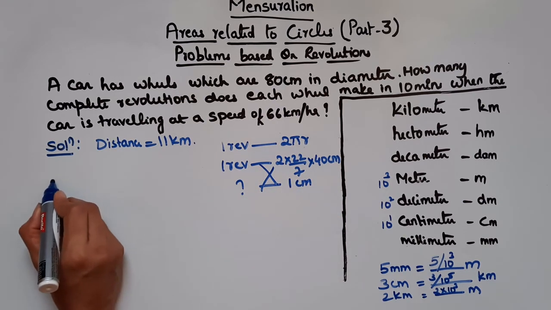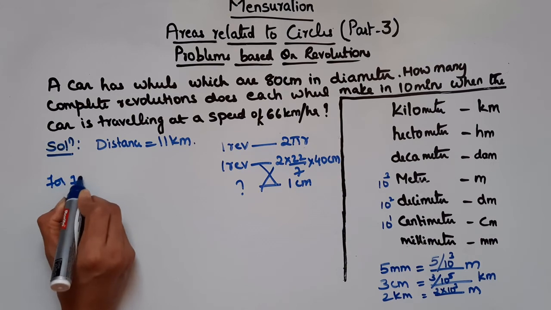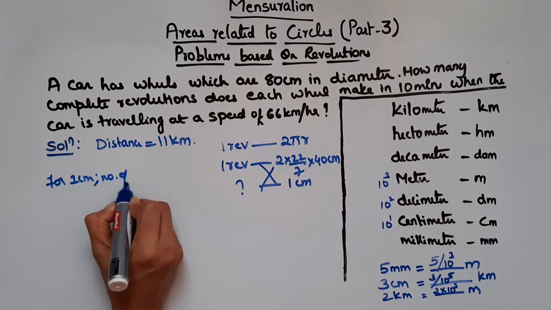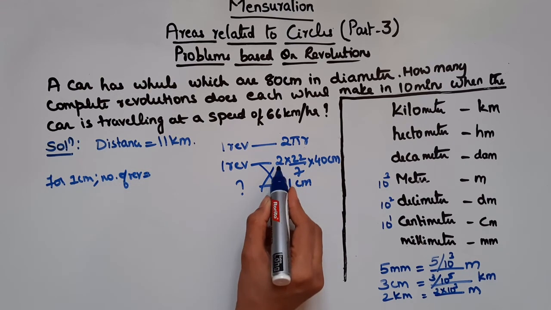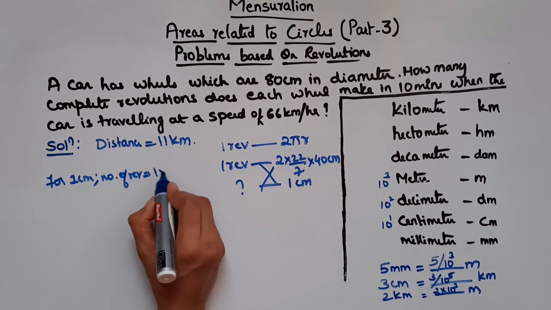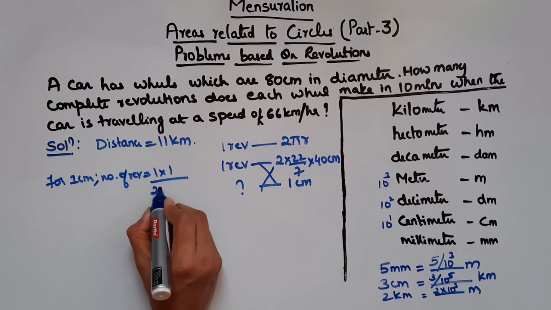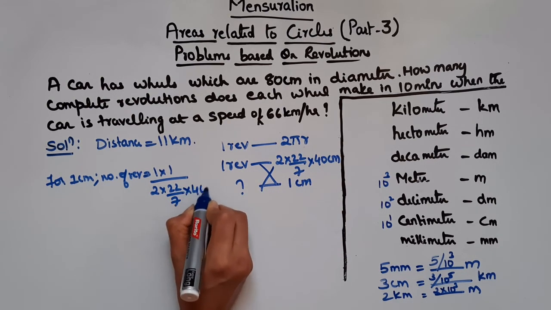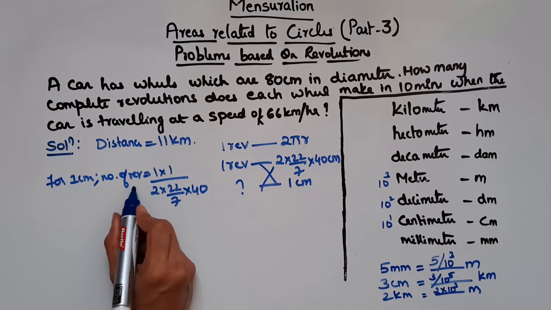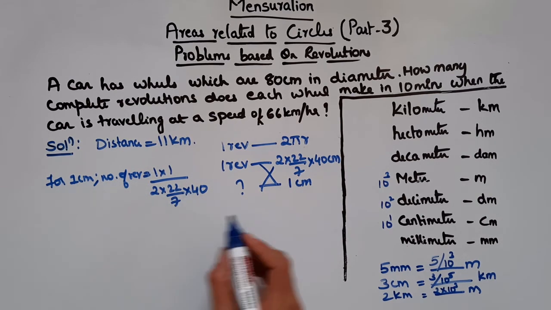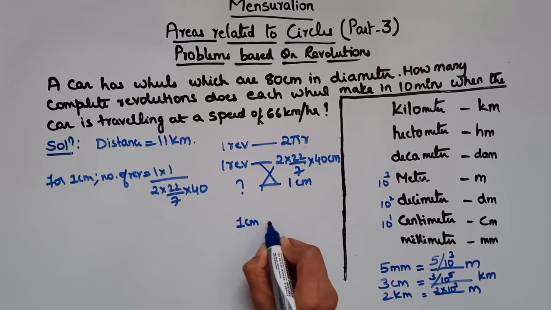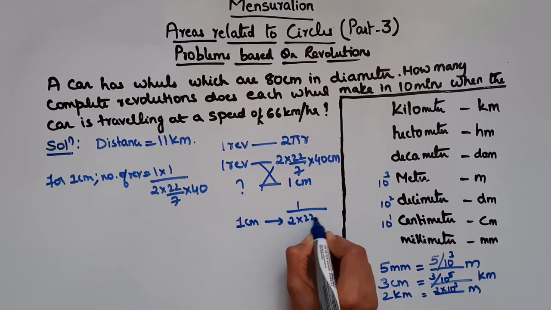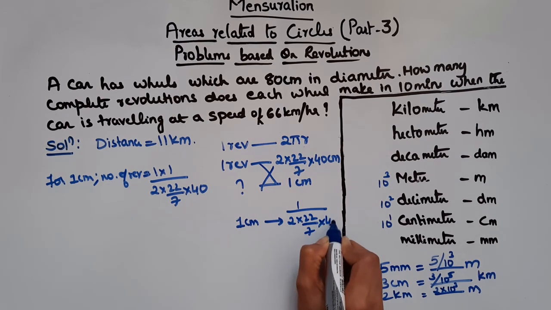So for 1 centimeter, number of revolutions is 1 by 2 into 22 by 7 into 40. So this will give you the number of revolutions for 1 centimeter.